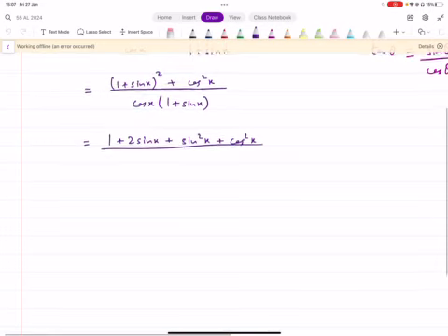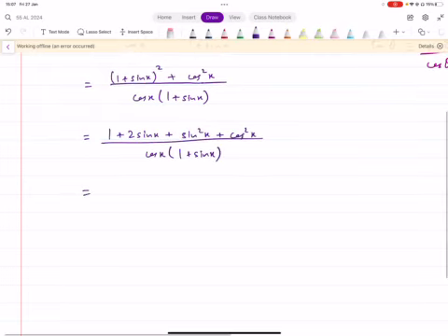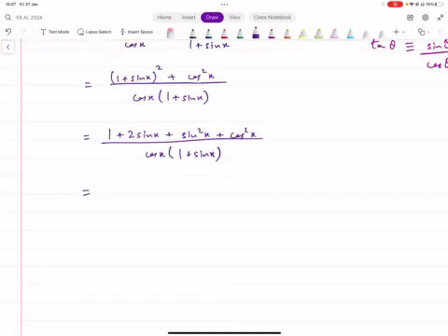So here, what do we have in the numerator? cos x into 1 plus sin x. Now we think about what we can do in the numerator. We have to simplify this somehow. What do we do? We have sine square x plus cos square x here. What's that? This is 1, right?